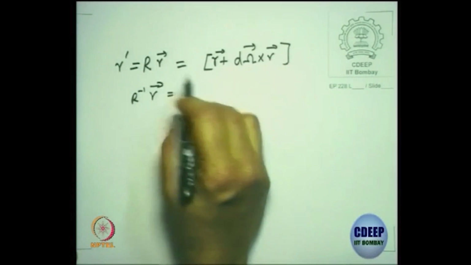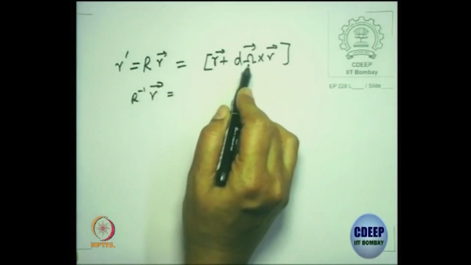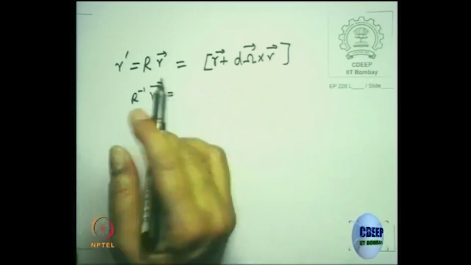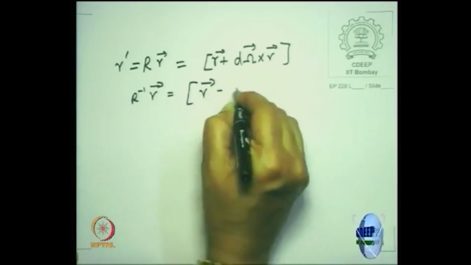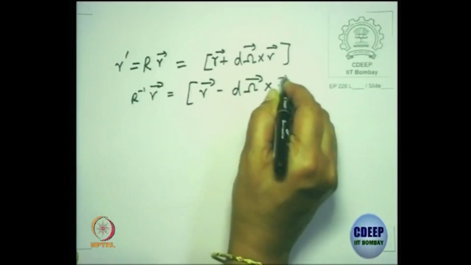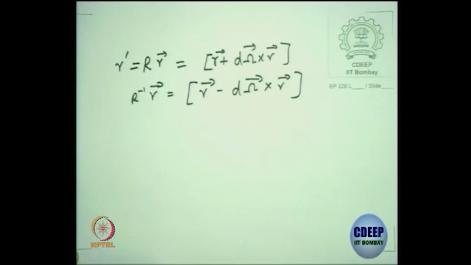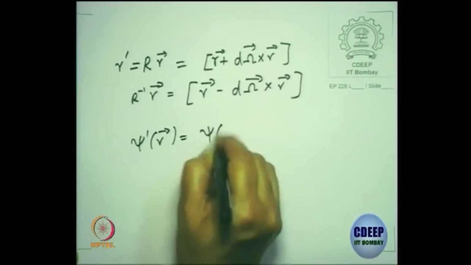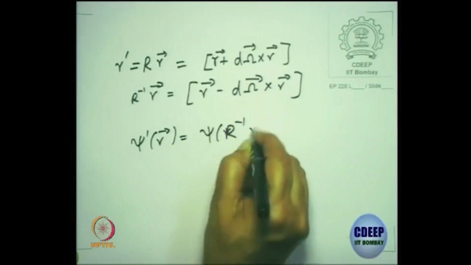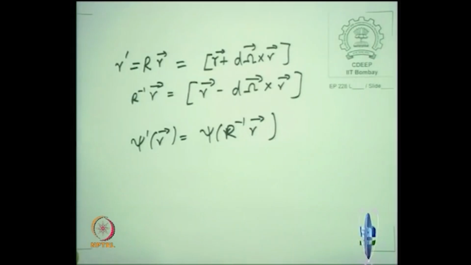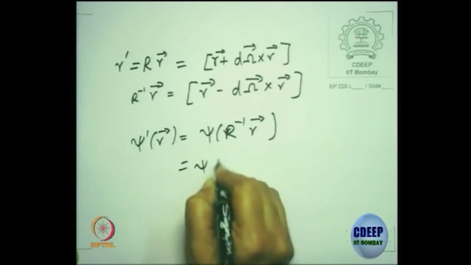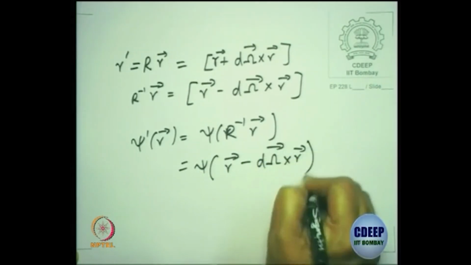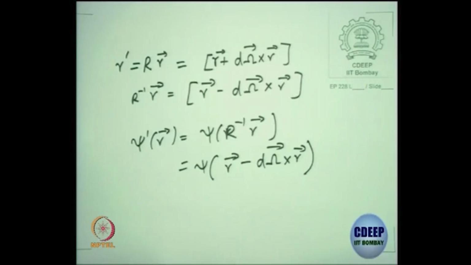The inverse will change the angle in the opposite direction, the negative sign. So what do we have? Psi prime of r vector is psi of R inverse r. I can write this as psi of r vector minus d omega cross r for an infinitesimal rotation.